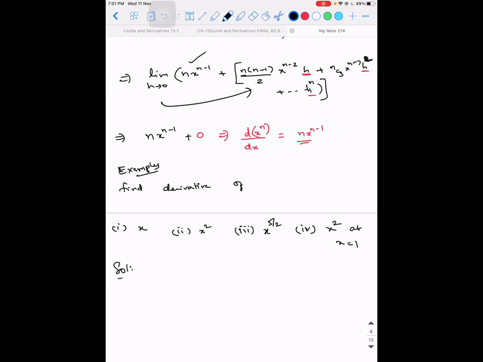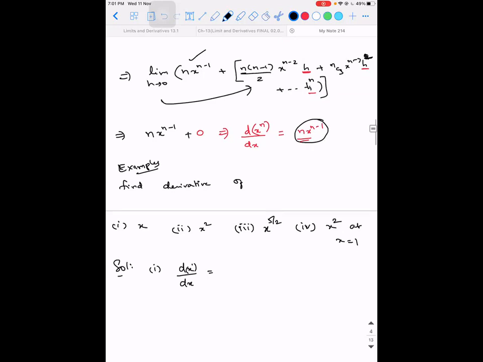So solution is, for the first one, the derivative of x with respect to x is how much? x is x power 1. So what is the formula? n into x power n minus 1, where n is the power to which x is raised. So in this case, 1 into x power 1 minus 1, so 1 into x power 0. Answer will be 1.